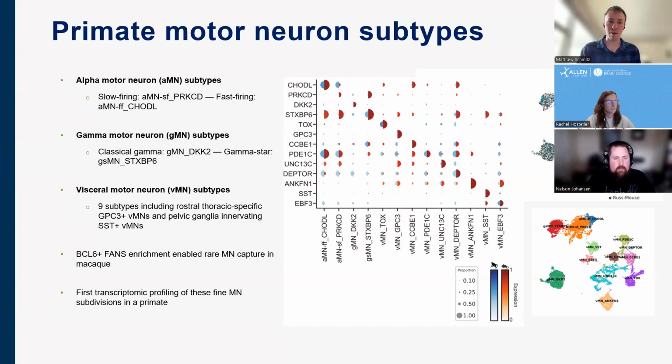We also have gamma and gamma star motor neurons, and then many different types of visceral motor neurons, where there's a great diversity, because they control different organs and have different needs. Controlling a muscle is one thing, you just contract, but each organ needs specialized control. And that's where the visceral motor neurons come in.